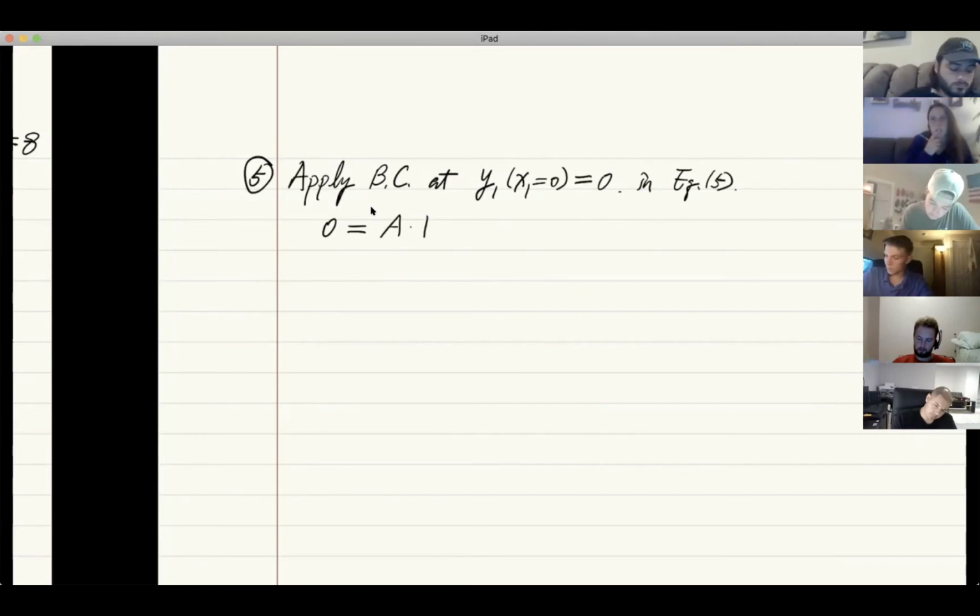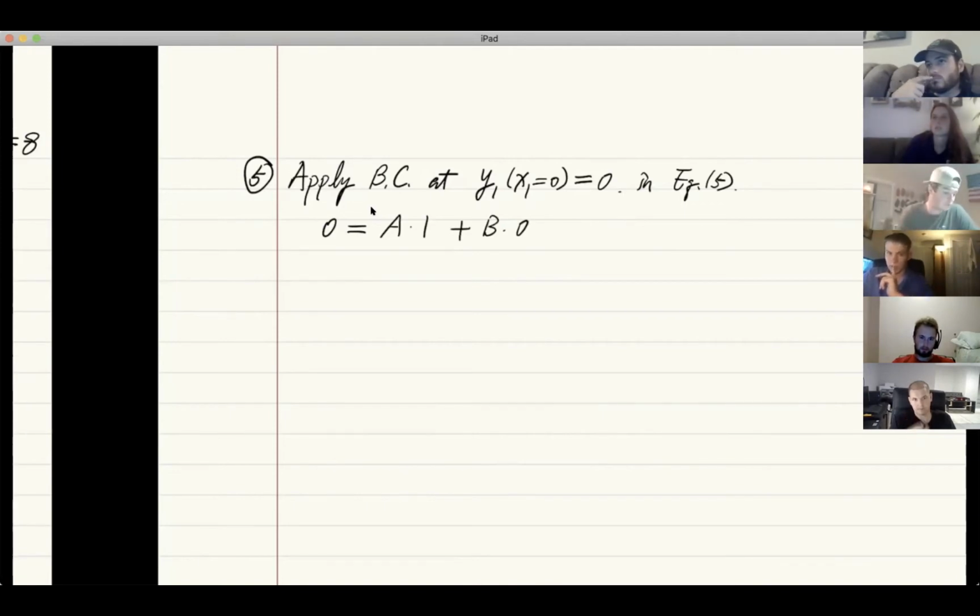What is sine 0? 0. Good. Plus B times 0. What is something times 0? 0. Of course, 0, right? You don't get anything if you multiply something by 0. That's one advice any mathematician will give you.